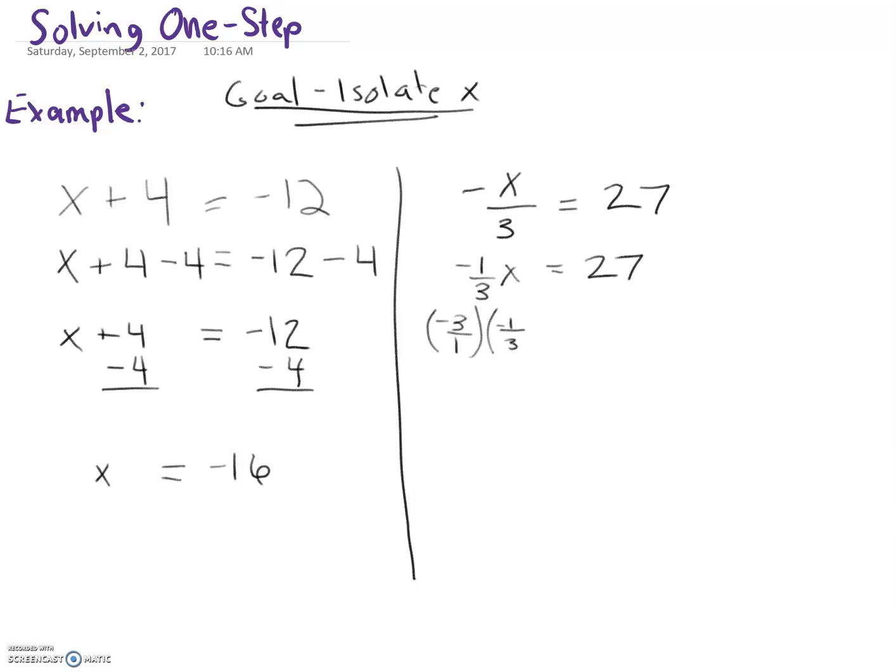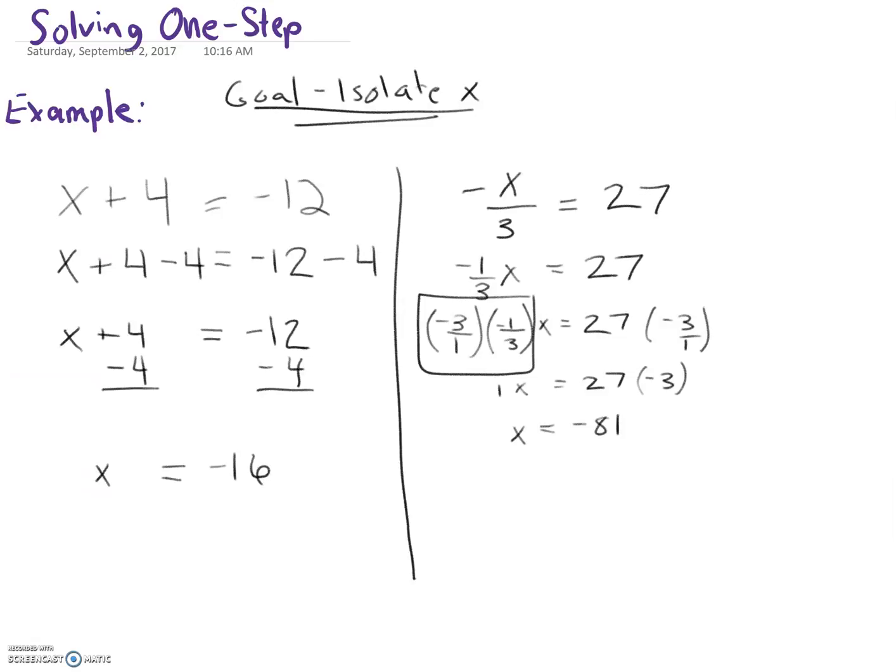If I take negative 3 over 1 times negative 1/3, the result is just going to give me 1x, which is essentially the same as isolating x. But whatever I do to the left side of the equation, I've got to keep it balanced and do it to the other side. Now I know that negative 3 over 1 is negative 3. And the result is negative 81.